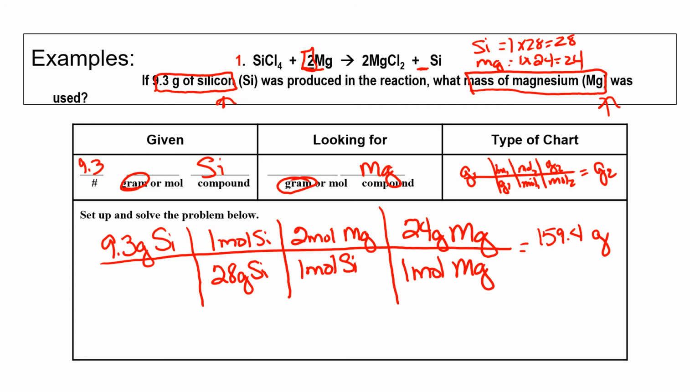Okay, let me put that in the calculator one more time because that does not look correct. 9.3 divided by 28 times 2 divided by 1 times 24, 15.94. That sounds better. There we go. So that would be your correct answer.